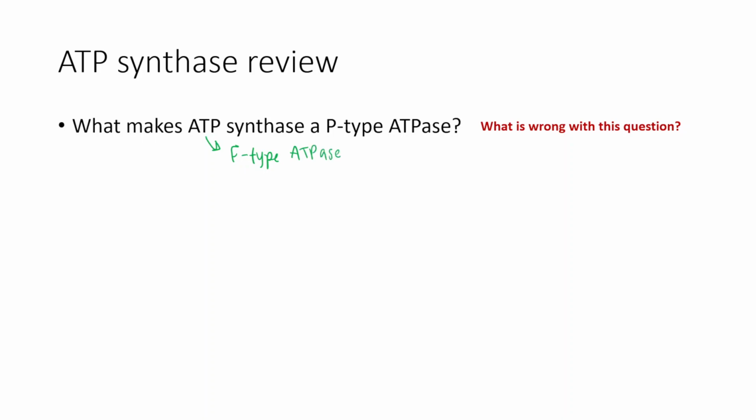Does anybody remember what a P-type ATPase actually does? It's from chapter 10, it's a long time ago. Yeah, it moves positively charged ions, and so does ATP synthase, right? But what's the difference? Exactly.